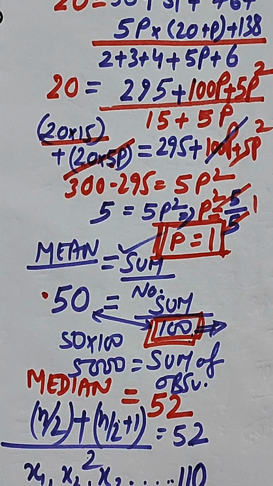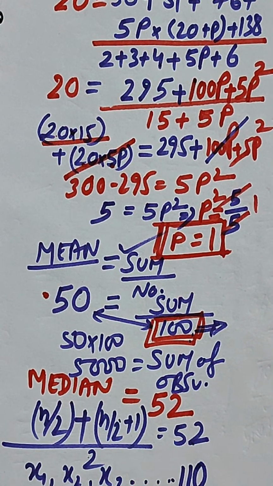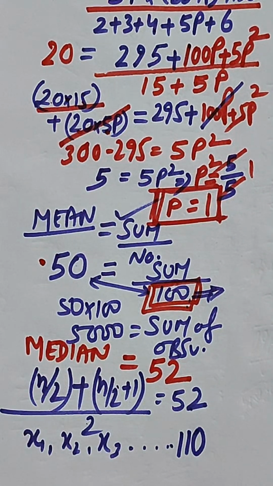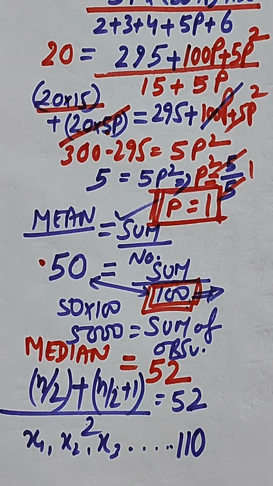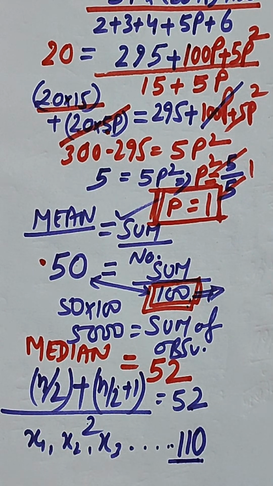So I am thinking to bring two formulas over here. If you arrange the data in ascending order, you will get the largest number at the last. So here the correct number is 110, right?